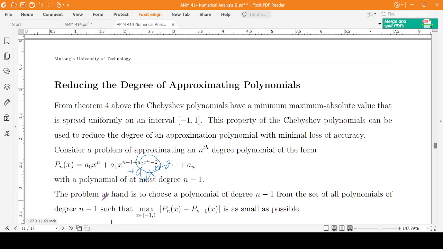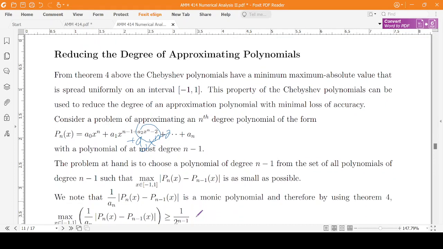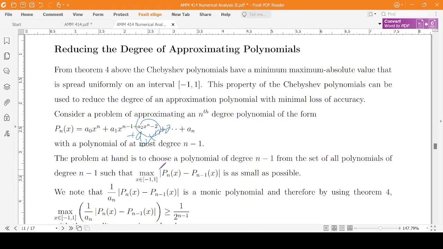So the problem at hand here is to choose a polynomial of degree n minus 1 from the set of all polynomials of degree n minus 1 that will make the error in approximating Pn a minimum. The maximum error in that approximation will be the value of Pn of x minus the value of the polynomial that we choose.